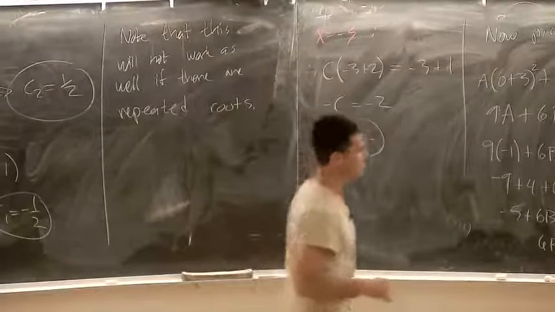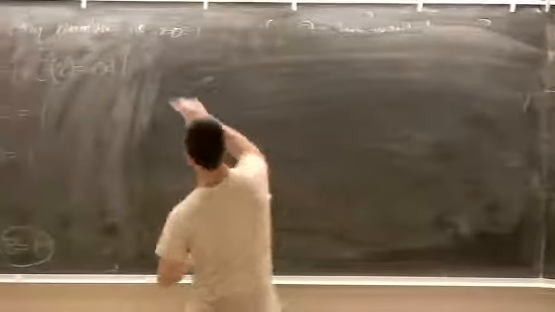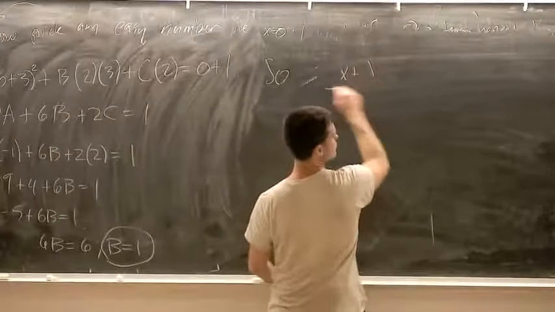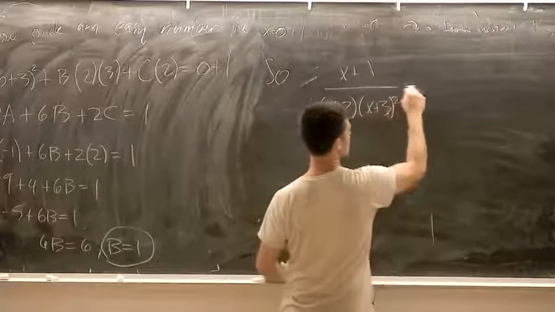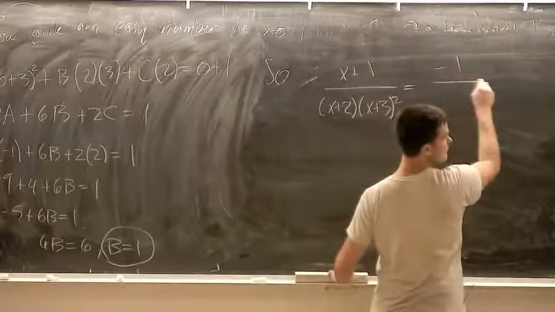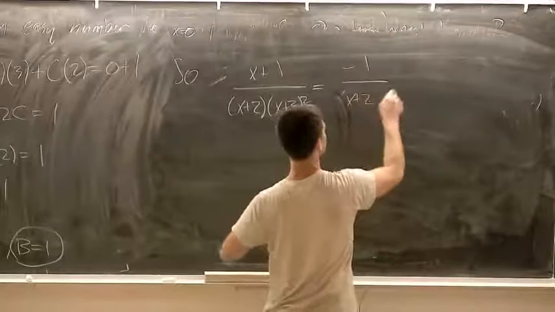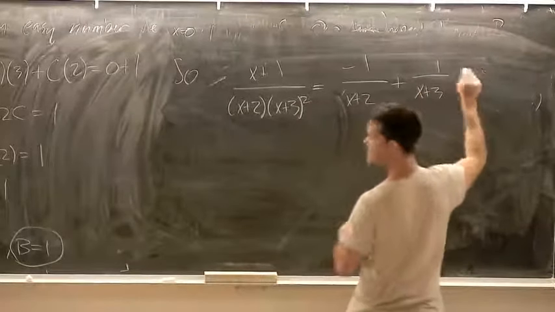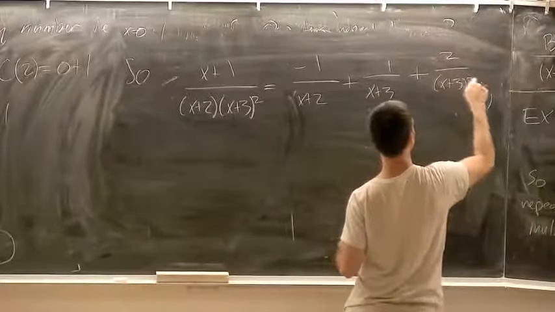All right, we got all our constants. So what is the result? x plus 1 over x plus 2 times x plus 3 squared is the same as negative 1 over x plus 2, plus 1 over x plus 3, plus 2 over x plus 3 squared.